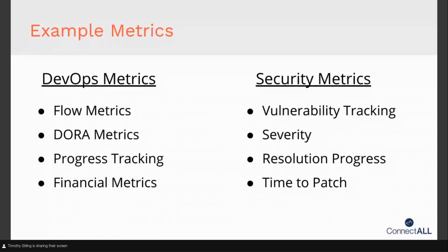Now, alongside those, I've listed some security metrics. So you want to be able to track not only how many vulnerabilities you have in your system and when they're popping up, but you also want to know how severe they are. Are these low severity things that may or may not be worth the time to fix, or are they critical and something that must be addressed no matter how long it takes before we roll out the deployment?